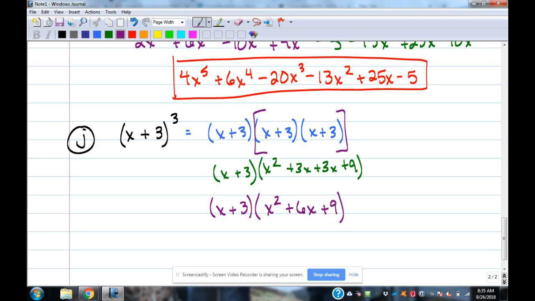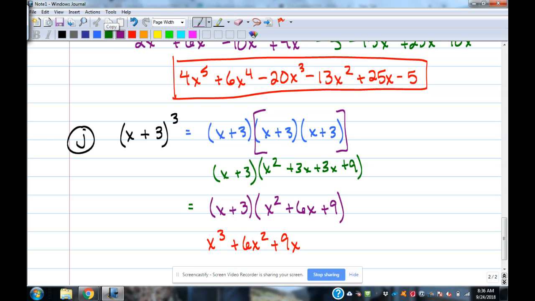But now what? Distribute again. I'm going to distribute x plus 3 to all of those terms. So I'm going to distribute x 3 times and 3 times. X times x squared, x cubed, x times 6x, 6x squared, x times 9, 9x.